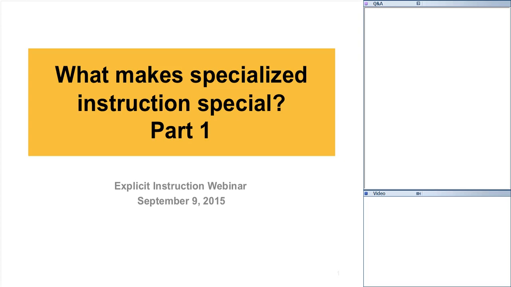That was the first person who asked. And then a state director in special ed said, I wonder how you would put the elements of explicit instruction in context with RTI or MTSS. How would you do that?